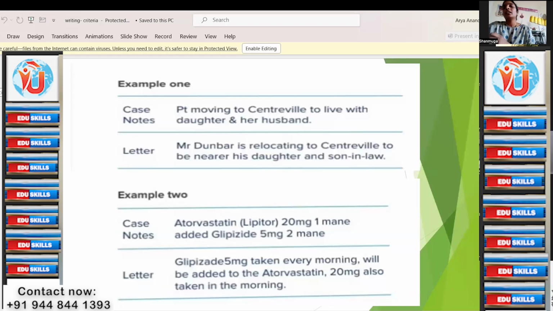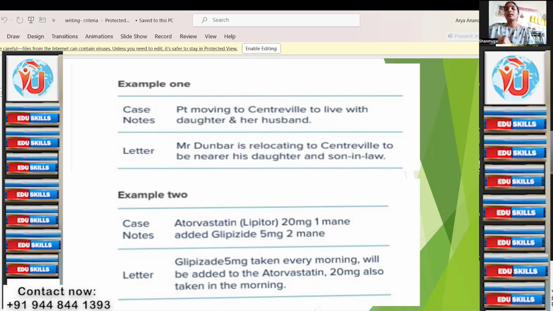Here you can see, to be nearer to his daughter. Moving is different. Nearer to his daughter and living with his daughter is an entirely different scenario. It will give an entirely different situation to the reader. It will affect the care that the patient is going to receive. So you have to be careful when you are paraphrasing.